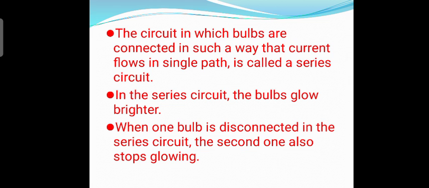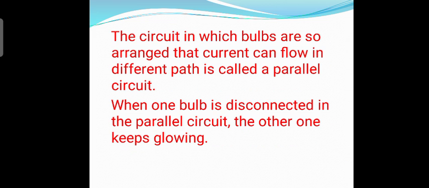When one bulb is disconnected in the series circuit, the second one also stops glowing. The circuit in which bulbs are arranged in that manner, the current can flow in different paths is called a parallel circuit. When one bulb is disconnected in the parallel circuit, the other one keeps glowing.